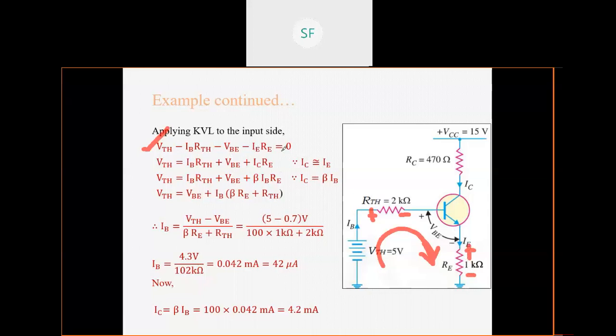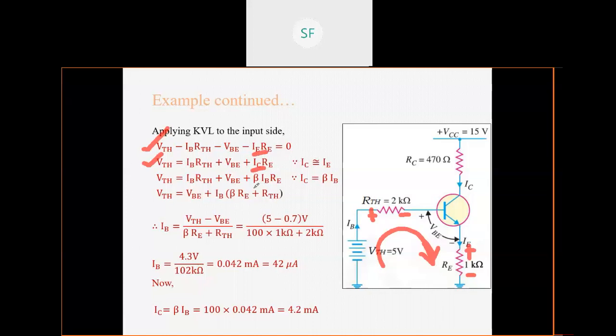All right. So again, you have to collect the terms on one side, then we will replace. Let me once again repeat it for you. What we have done in the next stage is we have taken VTH on one side and all the remaining terms on the other side. And then we have also replaced this IE by IC. Why? Because we know that IC is approximately equal to IE.